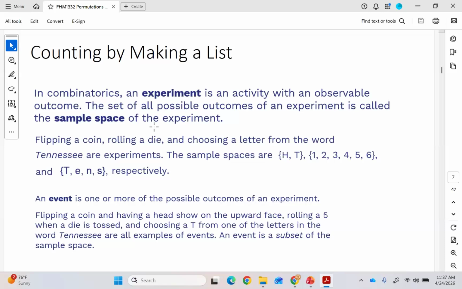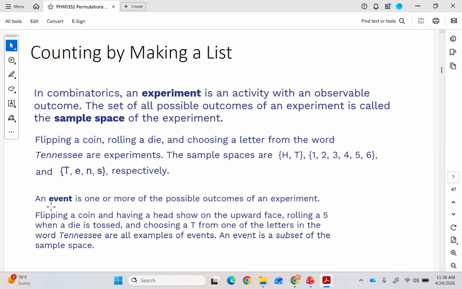I mentioned that. And it has to be written between those two brackets. Usually they're called braces. Some people call them curly brackets. So they need to be inside that. And the different outcomes need to be separated by commas. Remember, in a set, the order is not important, so you could change the order. That does not affect it.